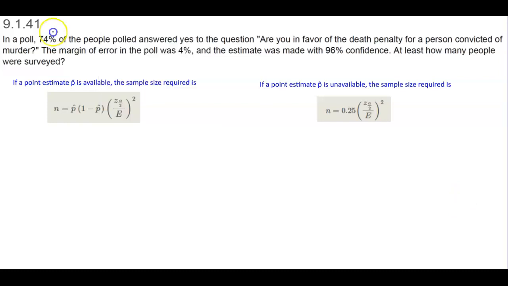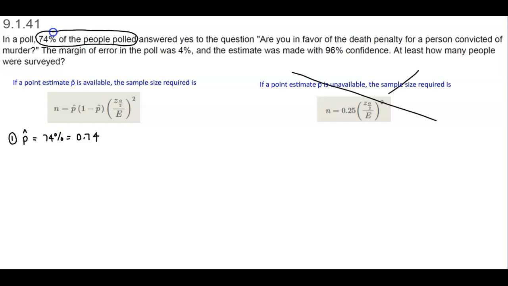Yes, because it says 74% of the people polled answered yes. So the point estimate is 74%, which is 0.74. So we're not going to use the other formula, but it's really important to make sure you have both available.